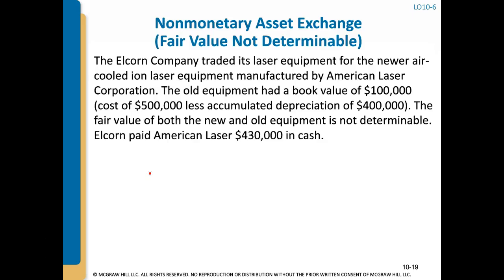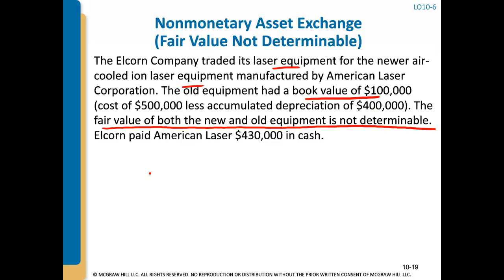Now, sometimes the fair value of the asset given up cannot be determined. So here we have the same facts. The Elkhorn company traded its laser equipment for a newer laser equipment. The old equipment had a book value of 100,000, and the fair value of both the new and old equipment is not determinable.